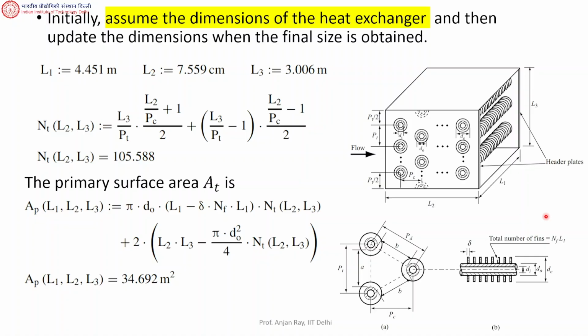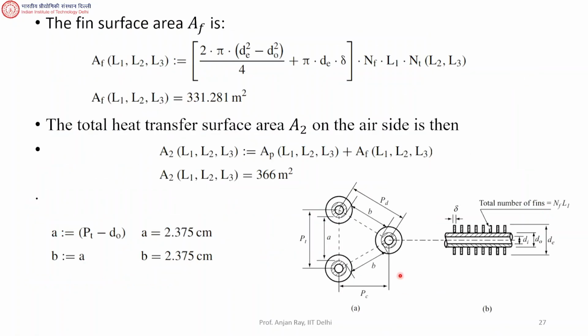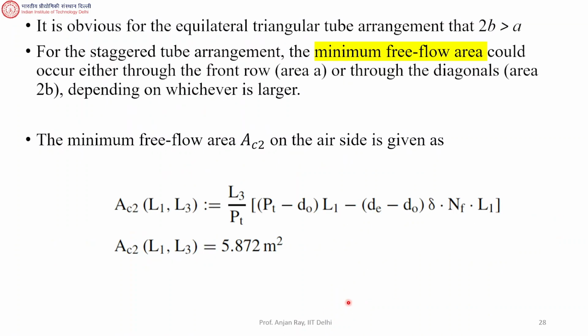So for that one, this is the arrangement, and we had some discussion about this minimum free flow area when we were discussing this theory. So that was like this, okay? If you have already revised this part at home, then you will be able to recognize what this area is.